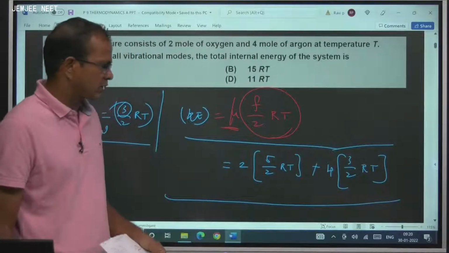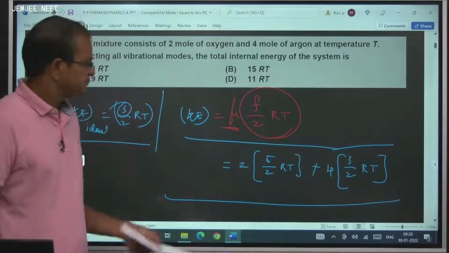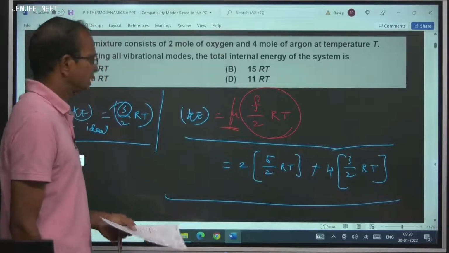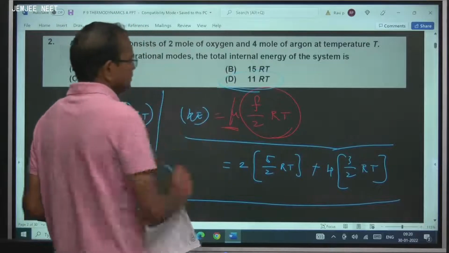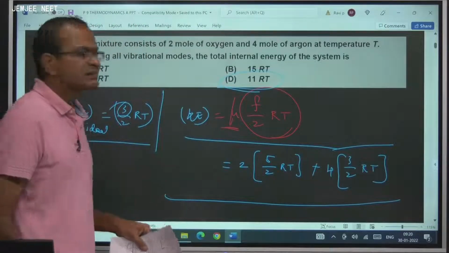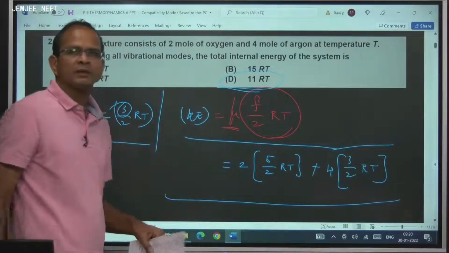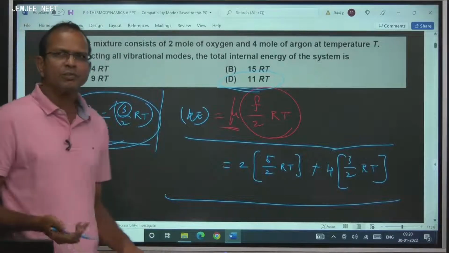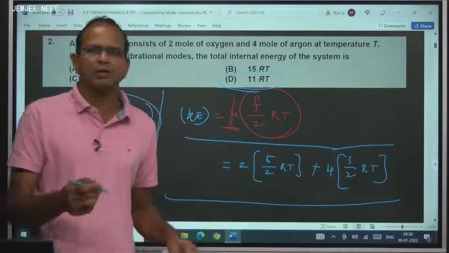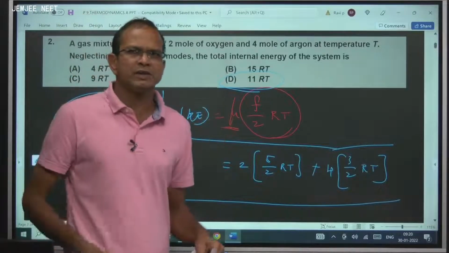Yes Kanna, this is the answer. Look, this is the total answer. Do you get answer D? Yes, sir. You may remember last class I insisted on this formula many times. Kinetic energy is given by, we have proved it many times, haven't we? Using a particle in a box, the molecule goes and collides on the wall and comes back.